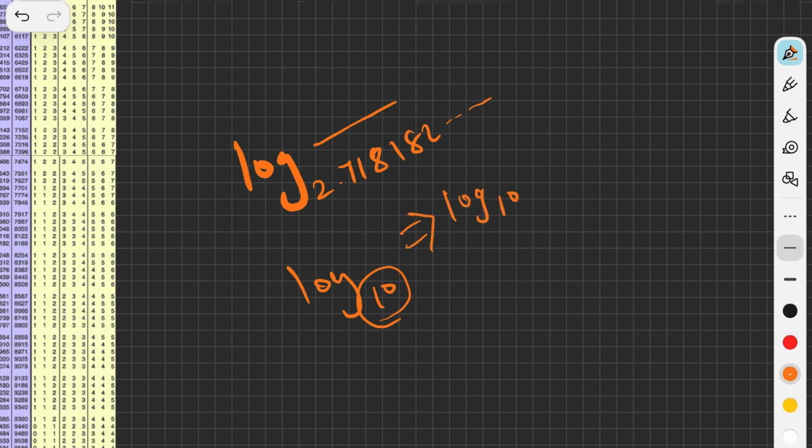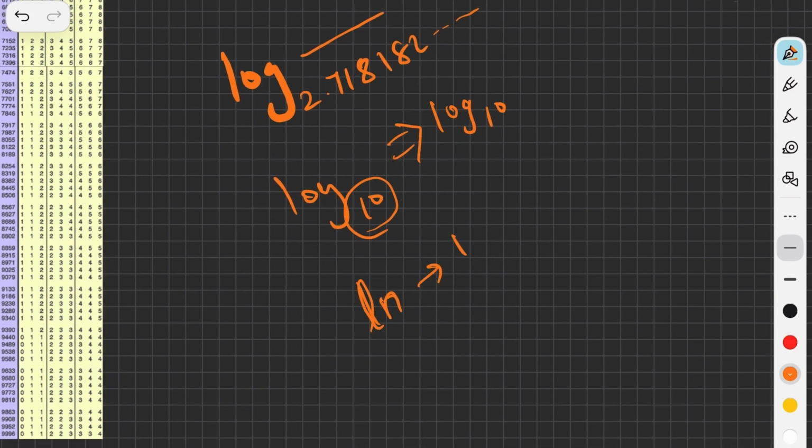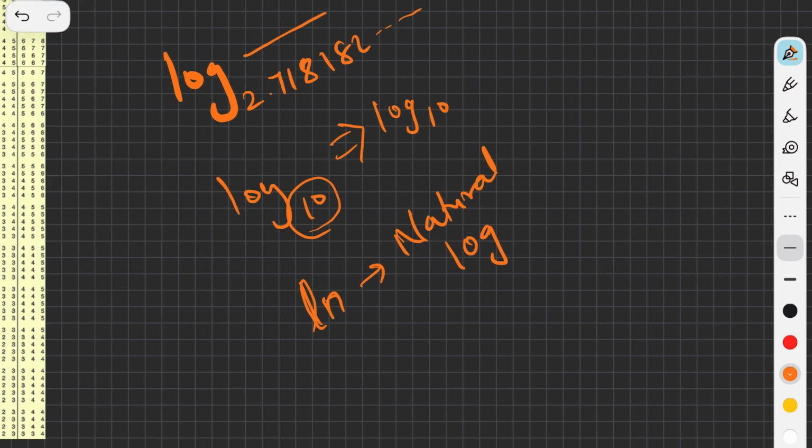And whenever you write ln, you are not writing log but ln. Now ln stands for natural logarithm. What is this natural log? Its base is e.